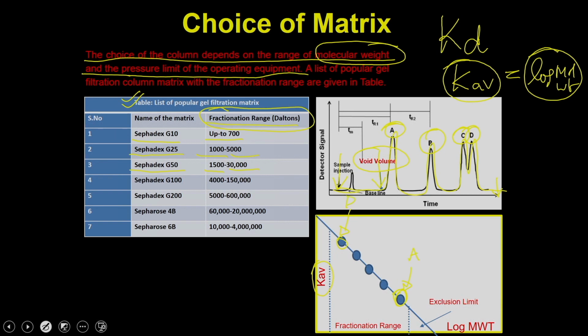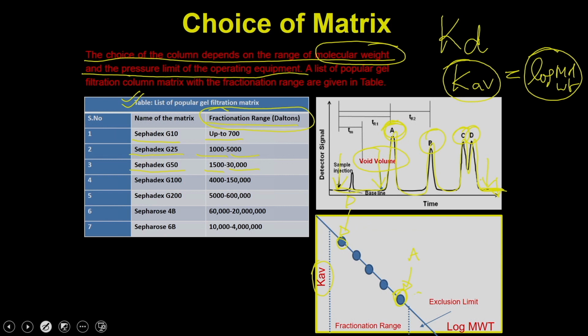Now, what you see is that beyond this, even if you have something, it is not going to be fractionated, which means it is not going to be separated on a particular column. A protein larger than this size is also not going to be separated, because you are reaching very close to the void volume.